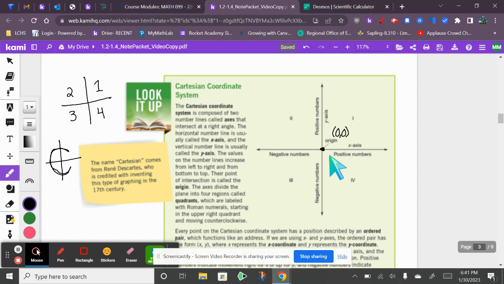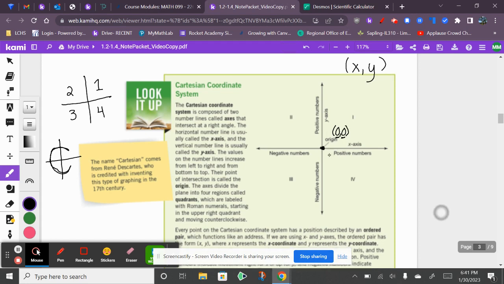For your y values, or the second part of your ordered pair, because your ordered pair will always be written as x and then y, anything that's positive will be above the origin, and anything that is negative will be below.